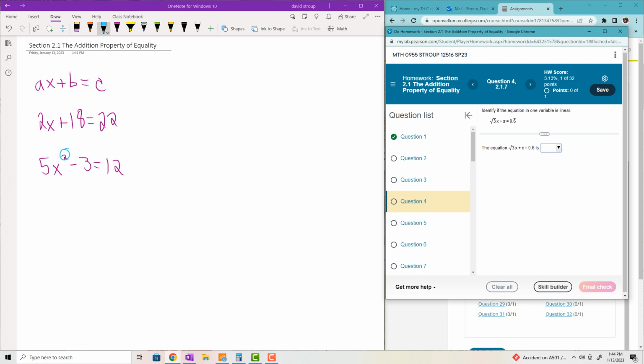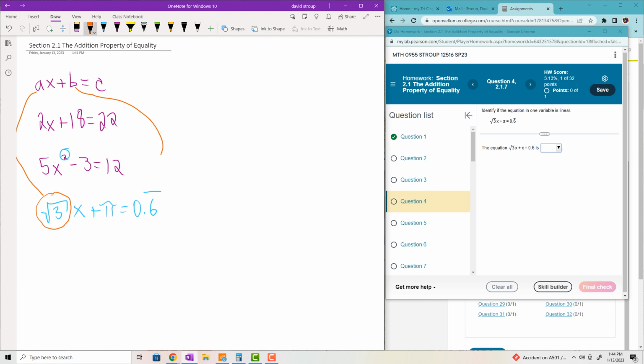This one looks really odd, but it's actually linear because it has that form ax plus b equals c. So you have square root 3x plus pi equals 0.6 repeating. So the a is the root 3, right?